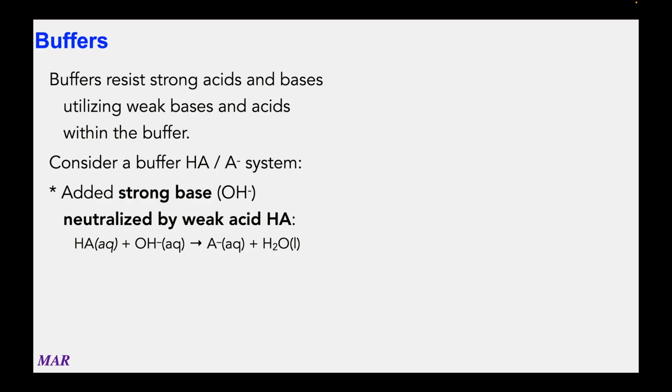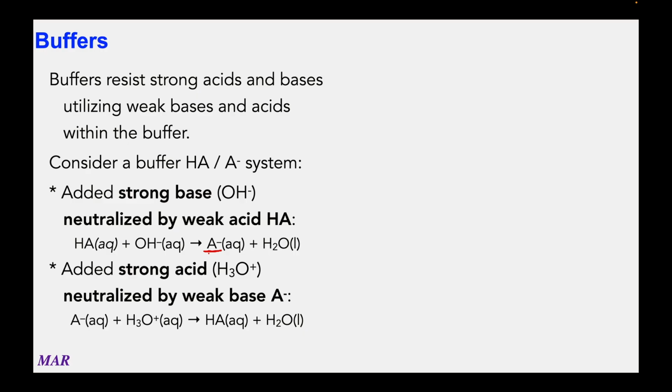And why this is important is that as you're adding a base, the weak acid steps up and neutralizes the hydroxide, but in the process, you're making conjugate base. Remember, if HA is the acid, then A- is the base. So adding hydroxide makes more of the weak base. And we'll come back to this in a little bit.